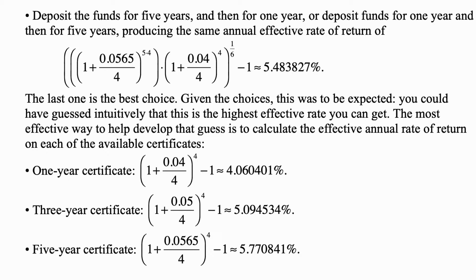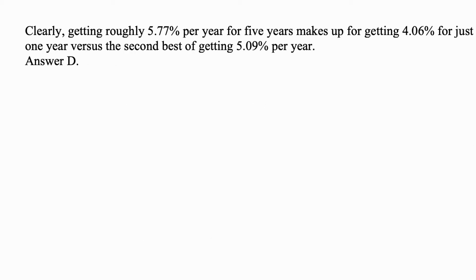For the 3-year certificate, that rate is 5.094534% approximately, and for the 5-year certificate, 5.770841%. And then clearly getting roughly 5.77% per year for 5 years makes up for getting only 4.06% for just 1 year versus the second best of getting 5.09% per year.